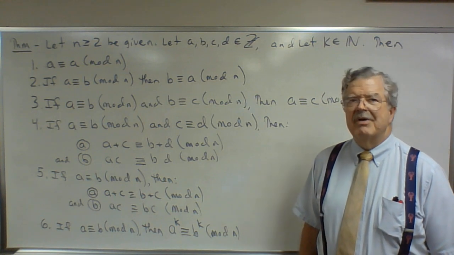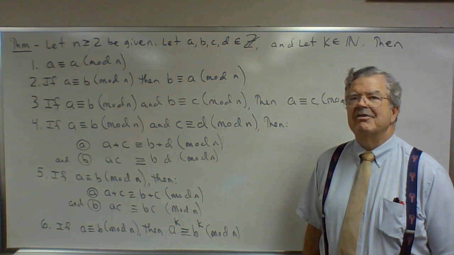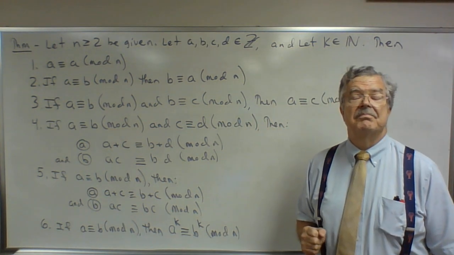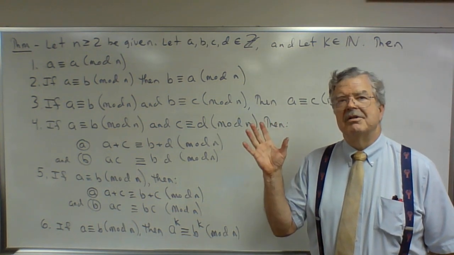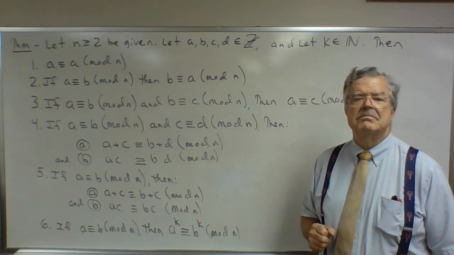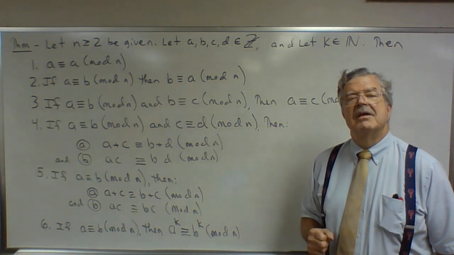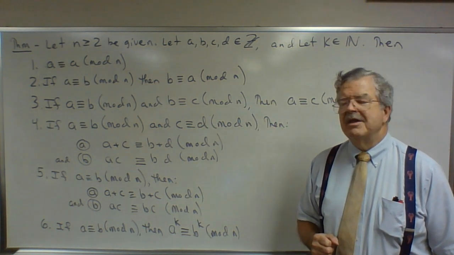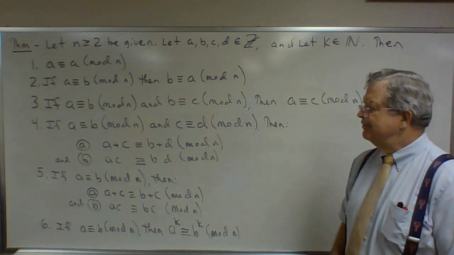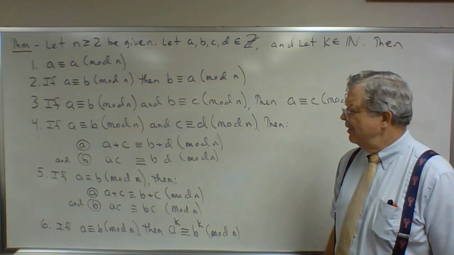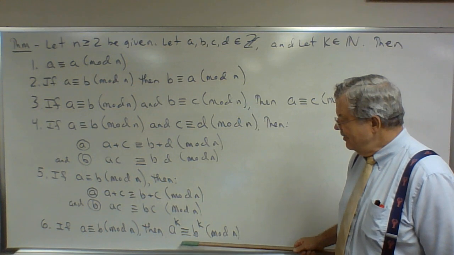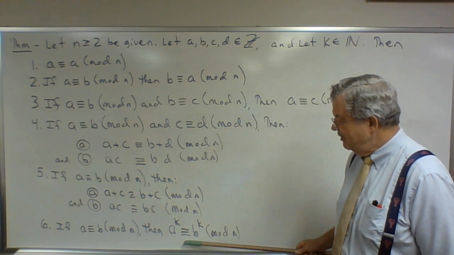And algebraically, two things are congruent if their difference is a whole number multiple of n, or two things are congruent if when we divide them by n they have the same remainder. It's not obvious that that would continue to hold if we take both sides of a congruence and raise them to the power of a positive whole number.